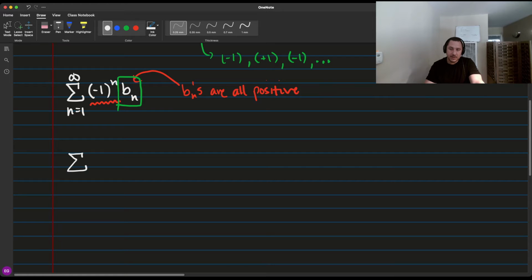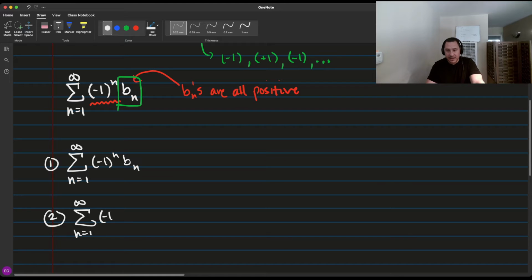We want to write our alternating series one of two ways. It can be (-1)^n b_n, or we can have the same sum, but with (-1)^(n+1) b_n.